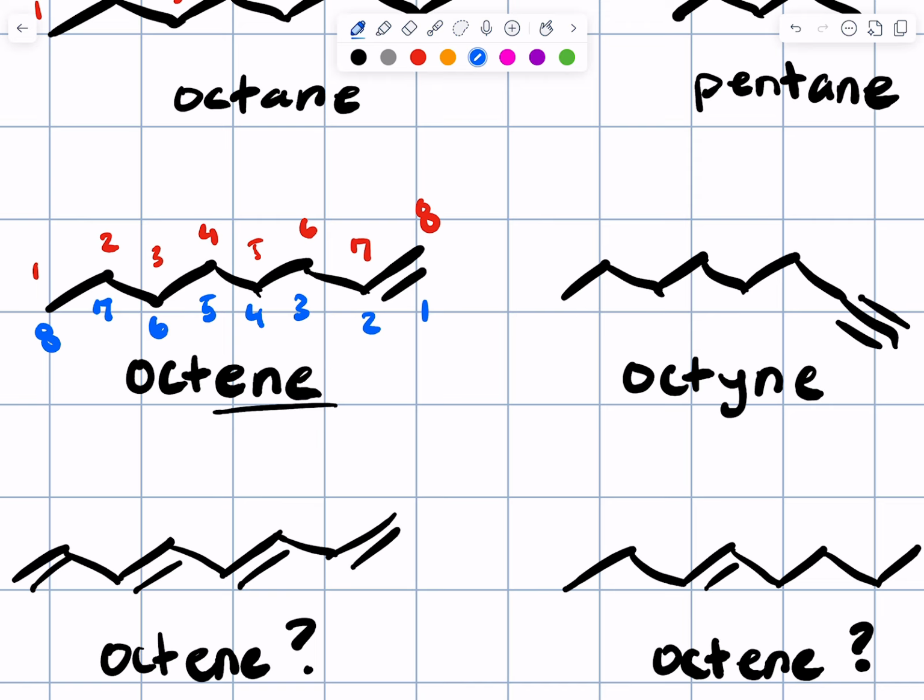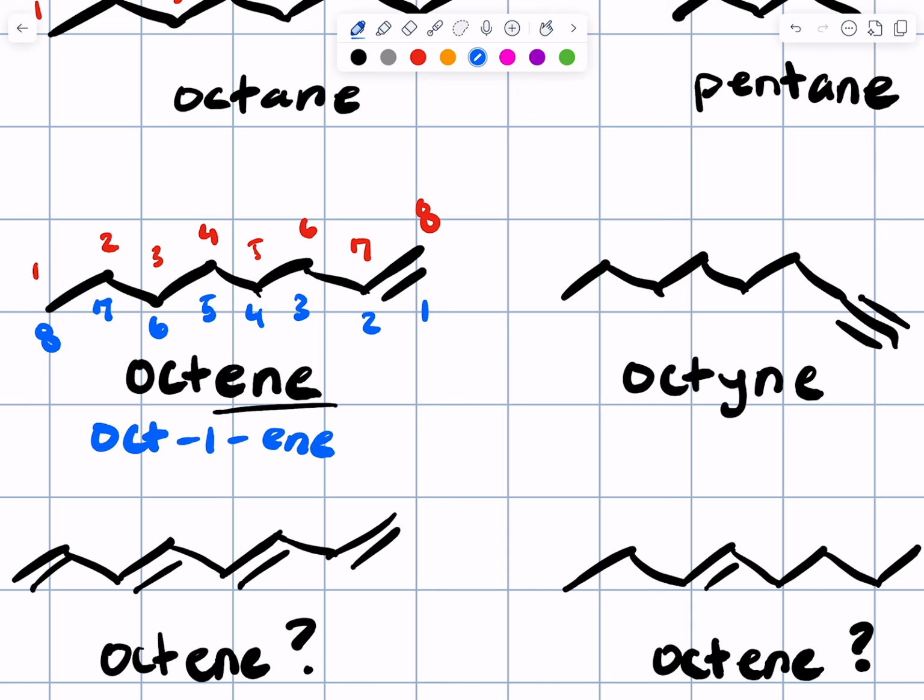So if I'm wanting to minimize my numbering, there's a clear winner here between the 7, 8, and 2, 1. So I'm going to choose that 2, 1 option. I'm going to say that my double bond is on carbon 1 and carbon 2. So when I'm naming this then, I will say the location right before I say ene. So this is going to become oct-1-ene.